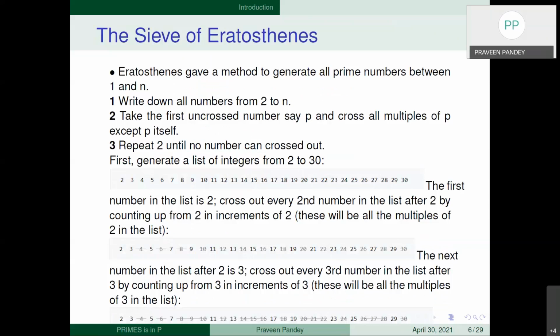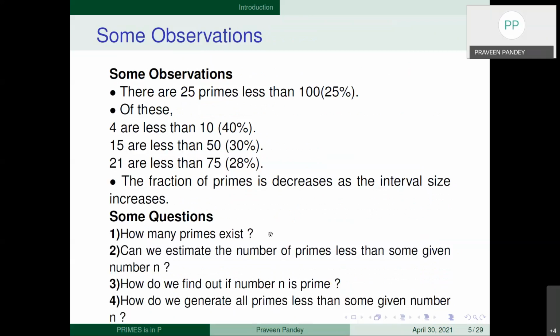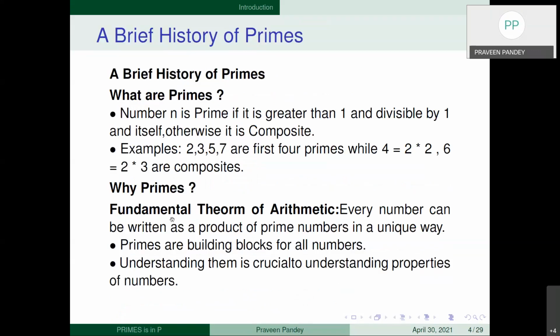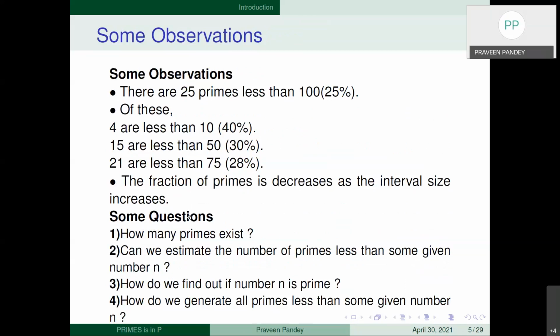In Euclid's compilation of mathematical results from the Greek time, the book called Elements, he proved two important results. The first was the fundamental theorem of arithmetic that we saw in the previous slide, and the other was that there exist infinitely many primes. So our first question is answered: how many primes exist?